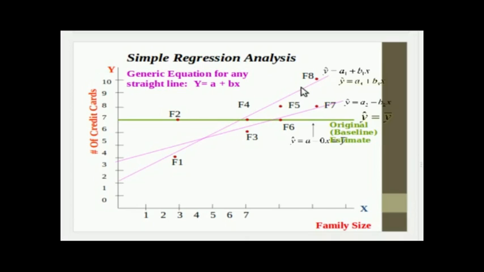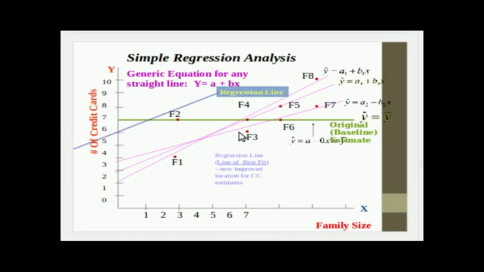Another property is that the regression line should pass through the mean of the x values and the mean of the y values. There are a few more properties, but right now we are interested in the regression line, so we are just trying to find what exactly the regression line is.